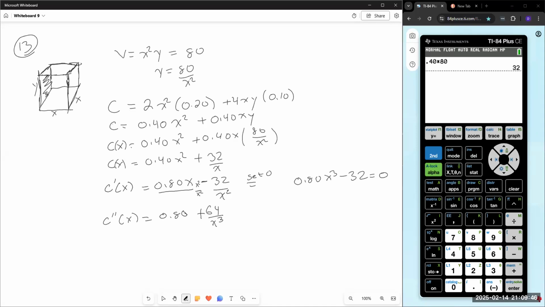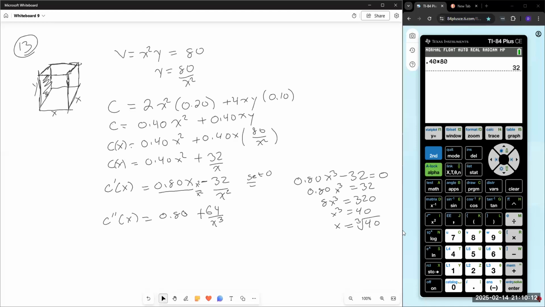That is not a box when I have no base to it. So I'm interested in when 0.80x cubed is equal to 32, making 8x cubed equal to 320. x cubed is equal to 40. And we'll just say x is exactly equal to the cube root of 40.